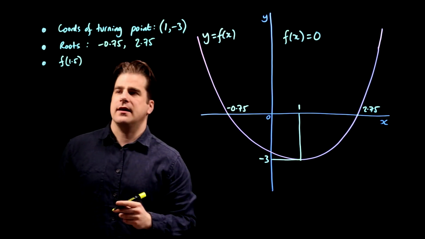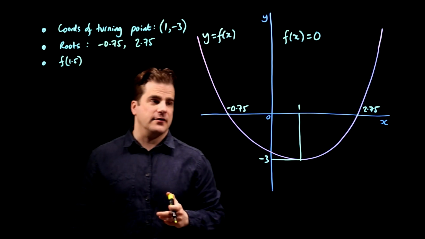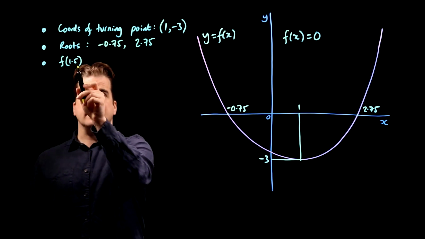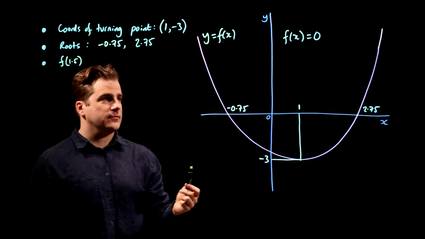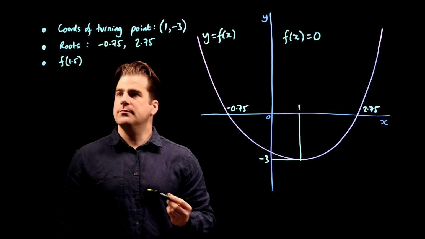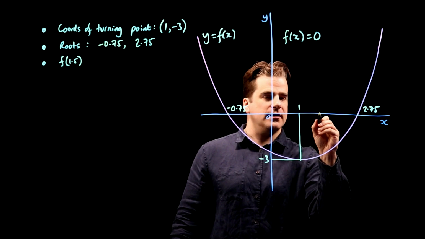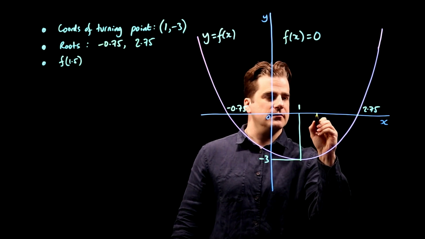Good. Okay, now we have to give an estimate for f of 1.5. That means put x equal to 1.5 and read off the y value. So x is 1.5, about here, let's say.